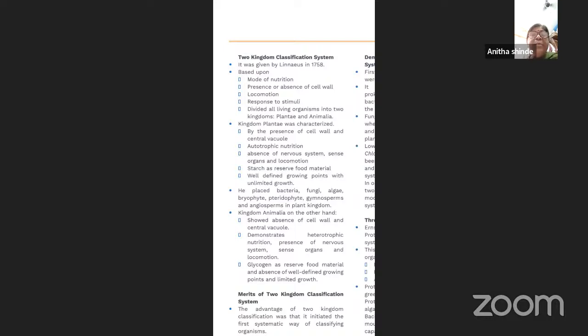One he called Plantae, and the other Animalia. Since he divided organisms into two kingdoms, such a system is called the two kingdom classification system. It was given by Carl Linnaeus.